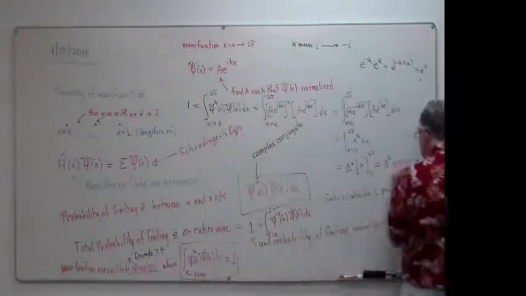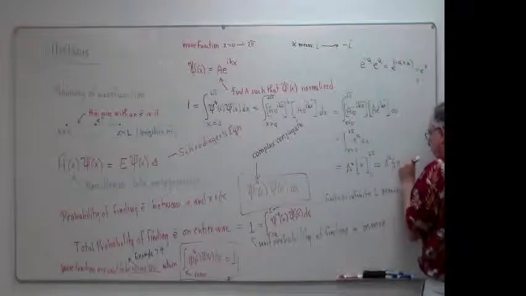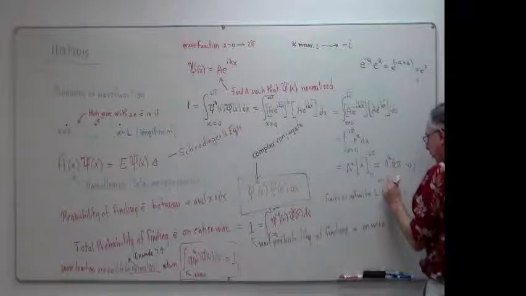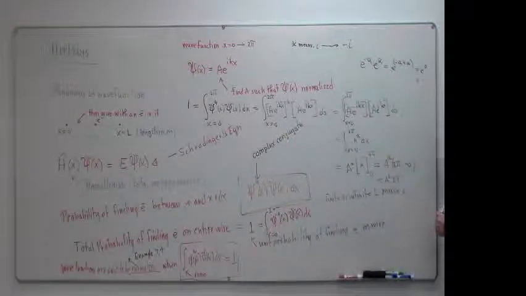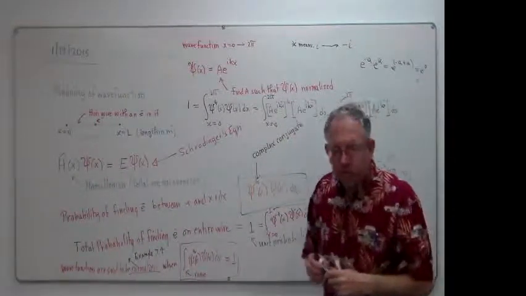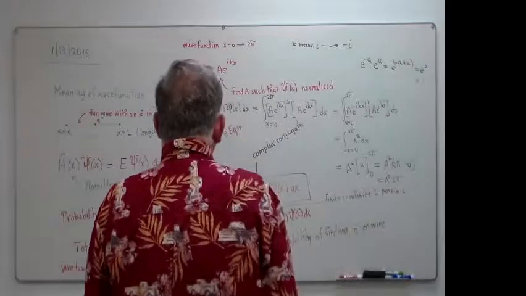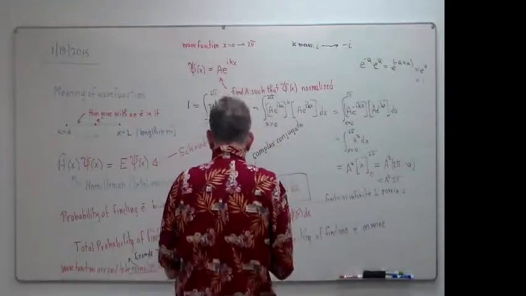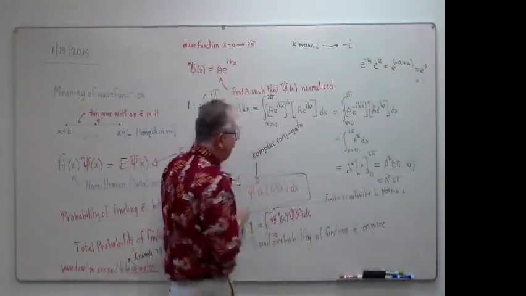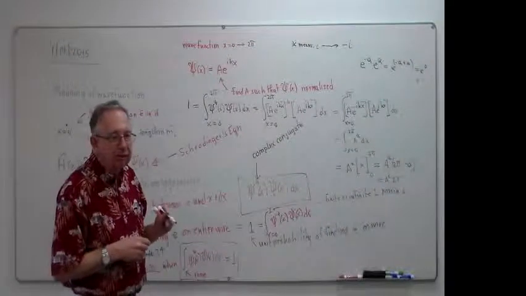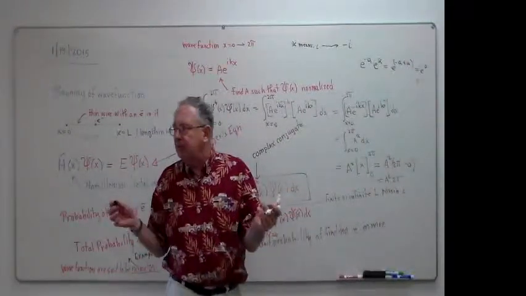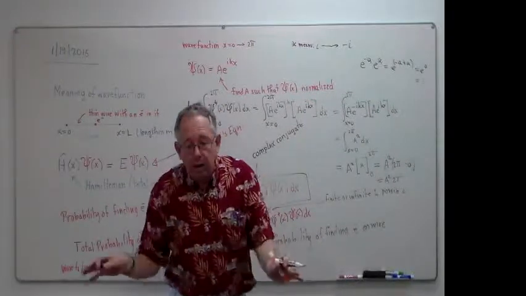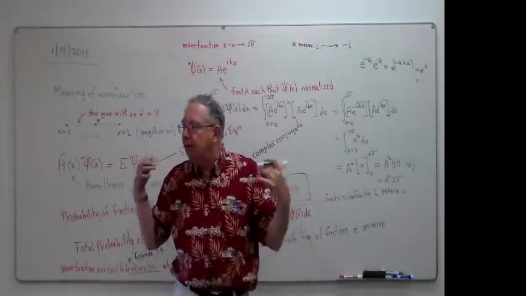And strictly speaking, it's 2 pi minus 0, which equals A squared times 2 pi. So this whole thing I'm doing is a normalization. And I'm choosing a different example from our book example, because the book example is wonderful, but I wanted to do something different.